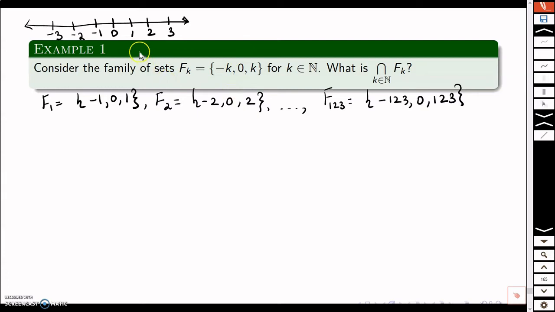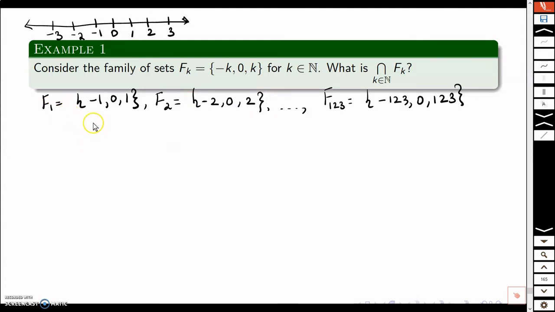So when I take the intersection of all of them, which points are going to come in the intersection? That means I have to find out which points will be coming in each fk where k is varying over the set of natural numbers, right? So from this, it's quite clear that it is only the point 0 that is coming in all the fk's.